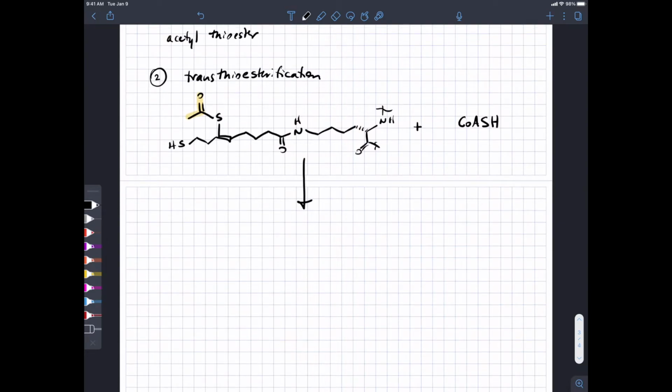And the products are going to be the acetyl-CoA thioester, and then you're simply going to release the other thiol.